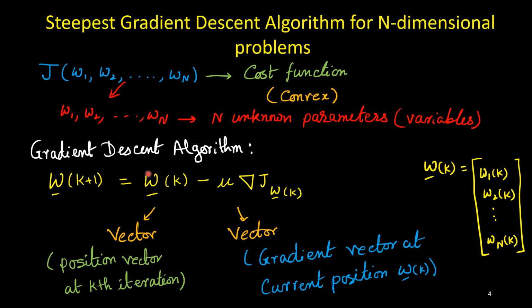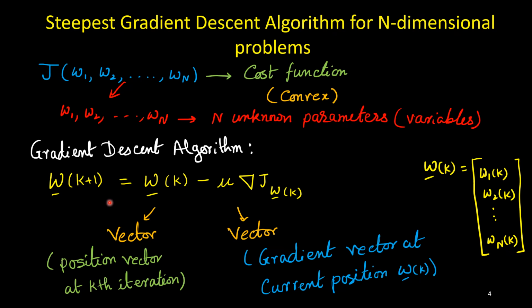You see this wk is a vector. This is the current weight vector or position vector, and this is the gradient vector at wk. If you combine these two with one constant value mu, then we will get the new update wk plus 1.